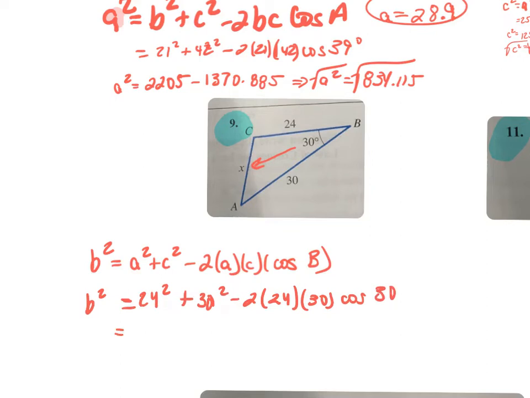So again, 24 squared plus 30 squared is 1476. And then I have minus 2 times 24 times 30 times the cosine of 30.